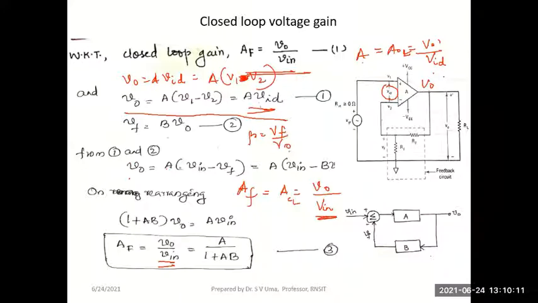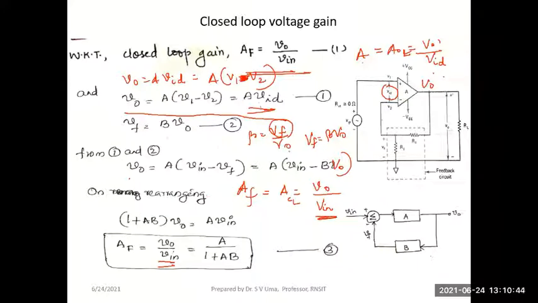V0 is A into Vin minus Vf, which is A into Vin minus, can I write Vf as beta times V0? Vf can be written as beta times V0. So I'll write this equation as A into Vin minus beta times V0. I can use the symbol B or beta. Please remember that.